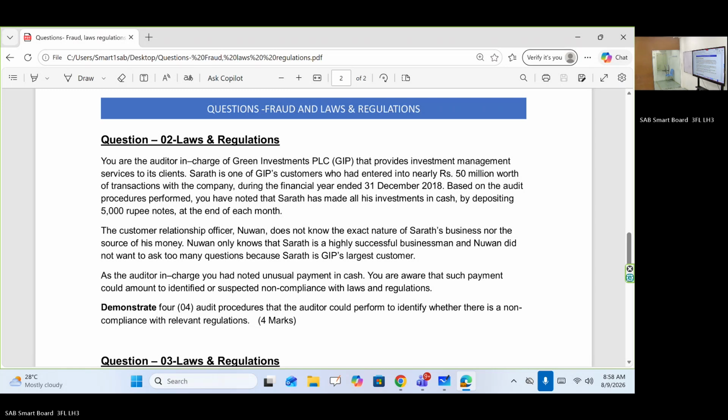Identify the non-compliances which will affect financial statements, such as provisions, fines, penalties, etc.